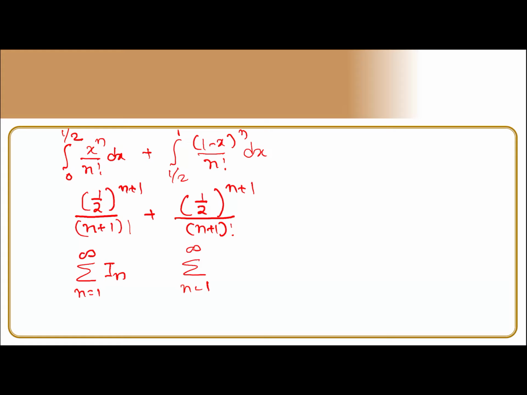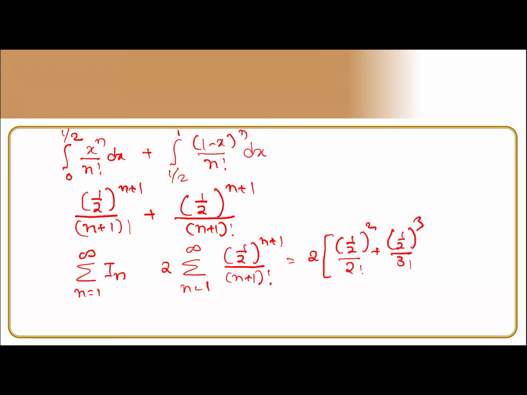Both terms are the same, so we can write 2 times the summation of (1 by 2) to the power n plus 1 by n plus 1 factorial. This will give you 2 times (1 by 2) whole square by 2 factorial, (1 by 2) whole cube by 3 factorial, and so on.